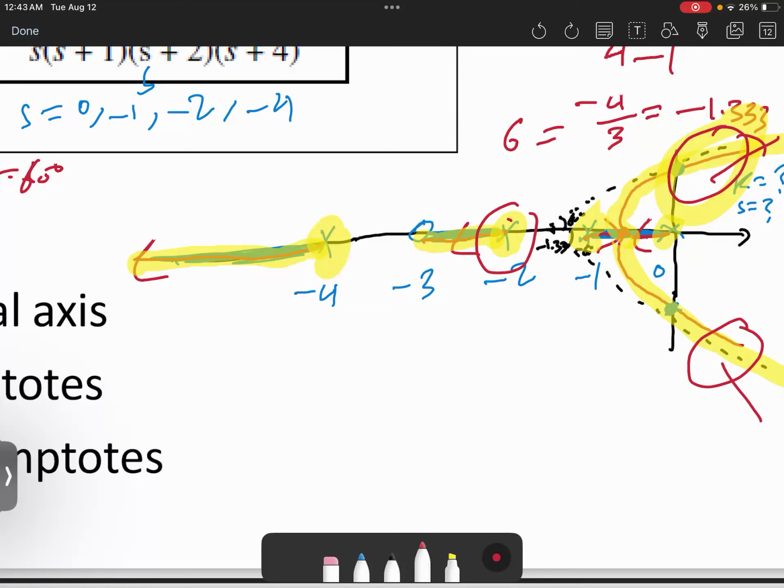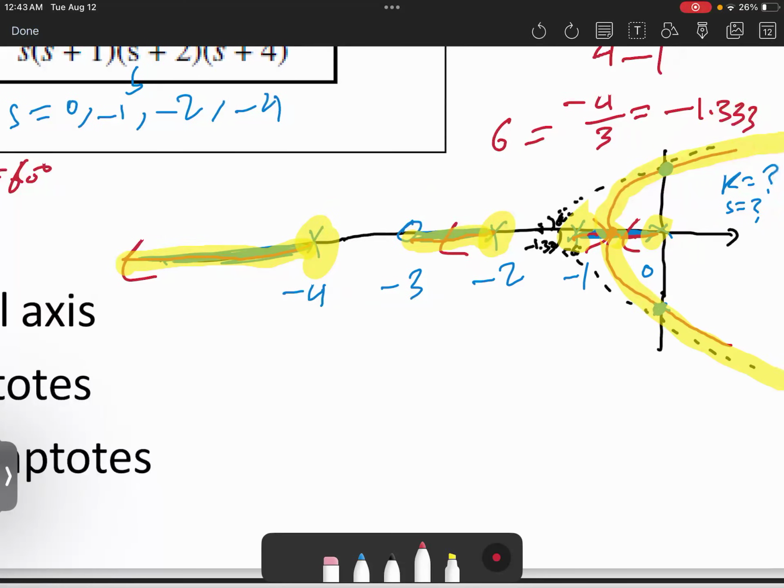However, since our concern is system stability, we need to identify the critical value of k that makes the system marginally stable. If these two poles reach marginal stability, then the system will be unstable if we keep increasing k. So how can we find the marginally stable k?